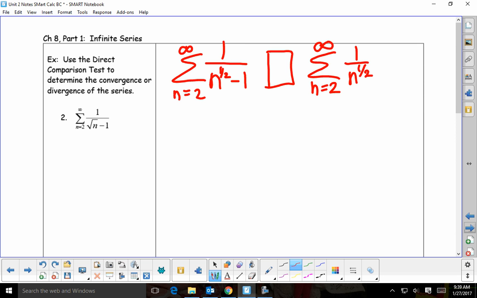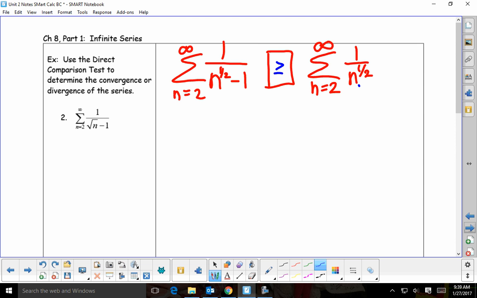And what statement are we saying? Which one is bigger here? Is this a greater than or equal to or a less than or equal to? Greater than or equal to. It is a greater than or equal to, because now this has the bigger denominator, which makes it a smaller number overall. So that's a minus, not a plus.